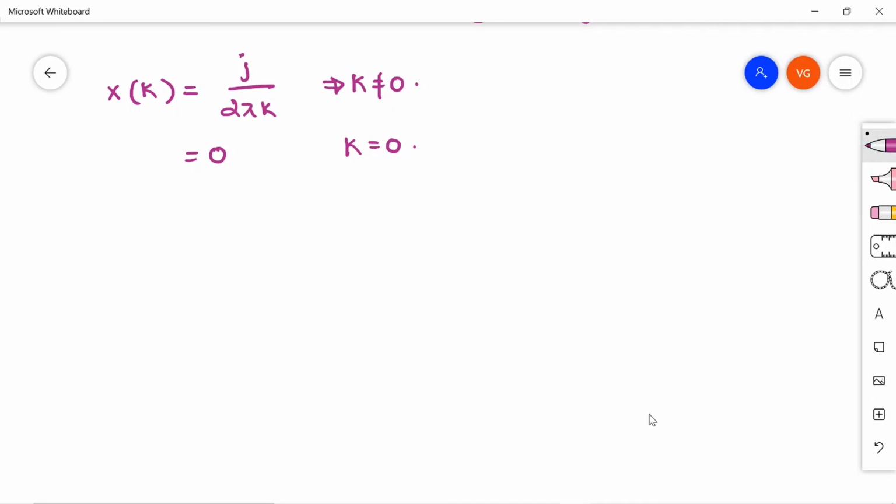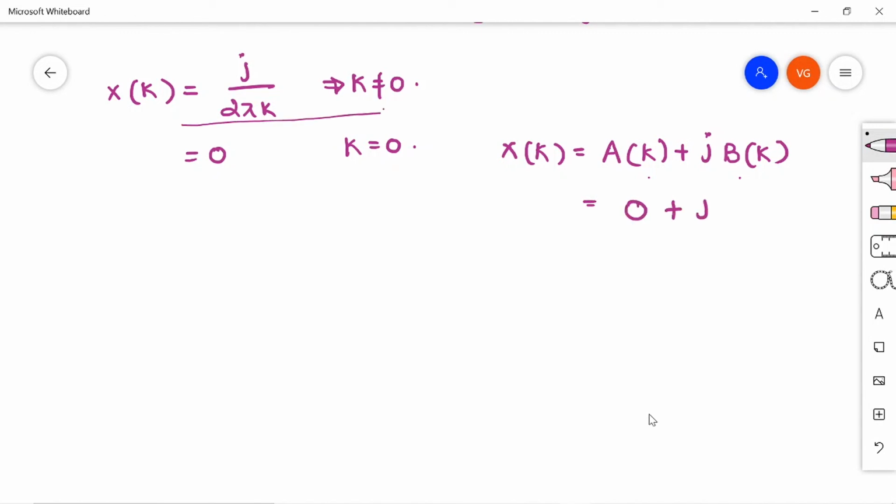To find the phase spectrum, let us find the phase of this x of k. To do that, let us write x of k in the form a of k plus j b of k, that is the real plus imaginary part. If you observe this x of k, there is no real part. So plus j 1 by 2 pi k is my b of k.